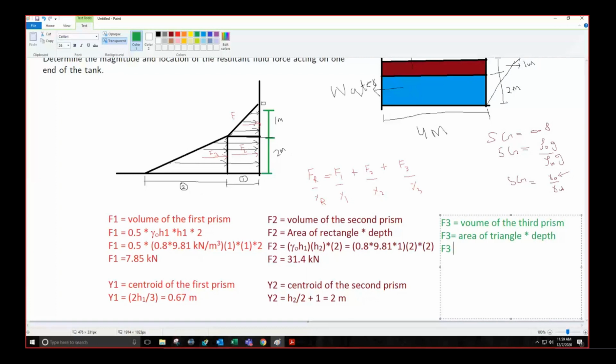So F3 equals to area of triangle क्या है जी? Half base into height. Base is this dimension 2, which is equal to, yes, किसके इक्वल होगी ये? बेस किसके इक्वल होगी?